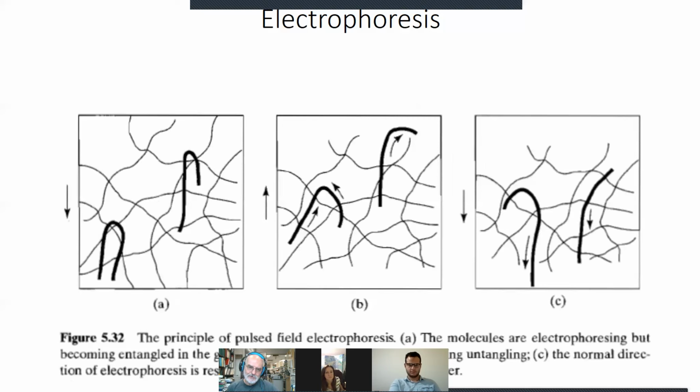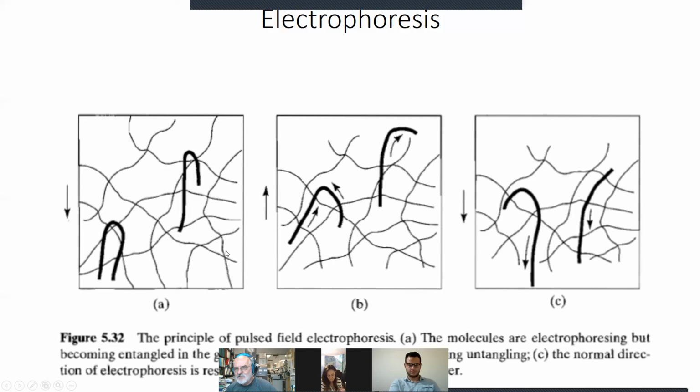This is sort of an extra thing that we're gonna talk about because I'm not gonna go into a lot of detail about this. One of the additional things that happens with DNA is that the DNA is so large that different portions of the chain get trapped. And so basically one portion of the chain starts moving through one part of the sieve, and another part of the chain starts moving in another part of the sieve, and they sort of get wrapped around. They get what's called entangled in the language down here.